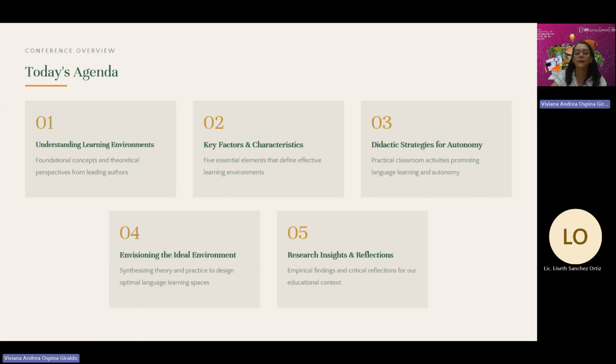And today's agenda, first, we are going to understand about learning environments and those foundational concepts and theoretical perspectives that we should understand from those leading authors that we've been reading on. Second, we are going to talk about key factors of these characteristics, 5 essential elements that define effective learning environments.